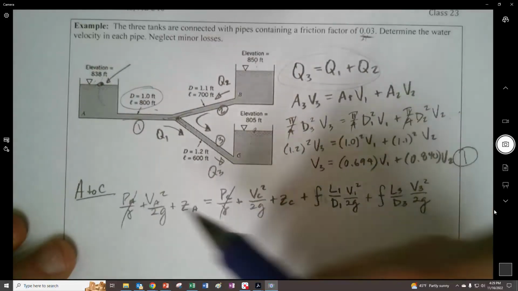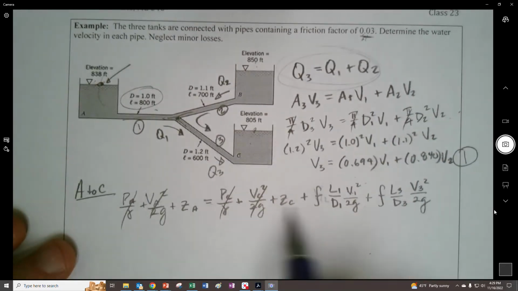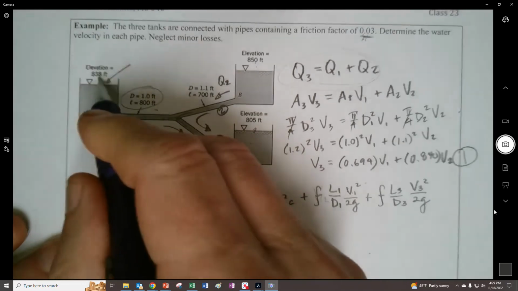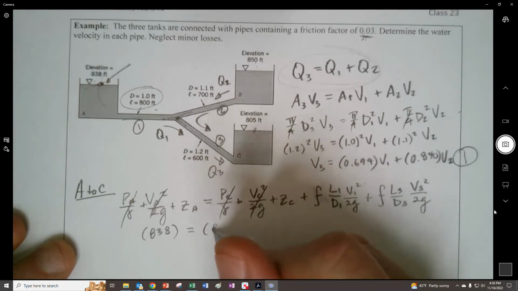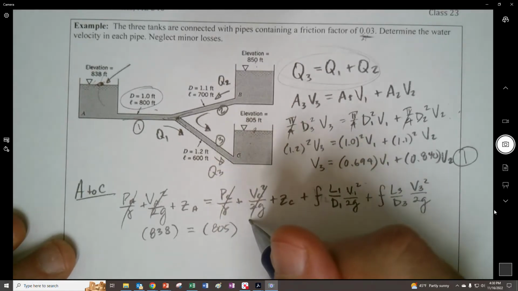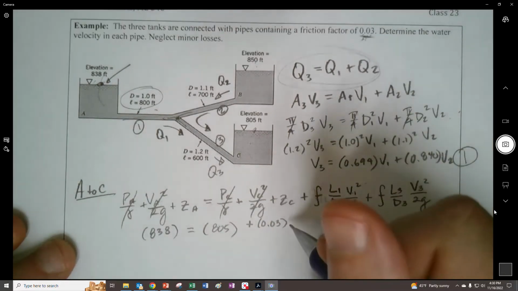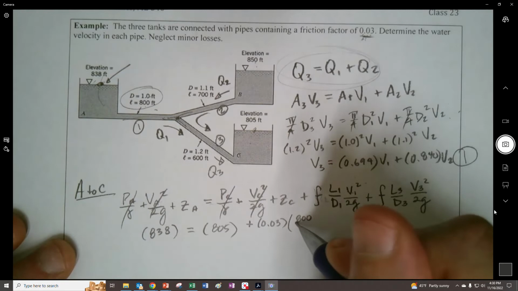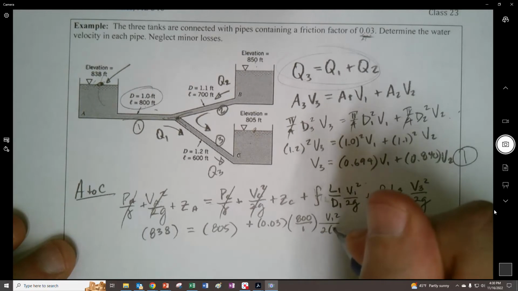That's atmospheric, that's atmospheric. This is stagnant, that's stagnant. We're assuming the tank's big enough that we get rid of those. So what we're left with is this equation right here. ZA is 838, and it's going to be equal to ZC, which is 805, and then plus 0.03 from right up there, and then the 800 over 1, and now the V1 squared over 2 times 32.2.